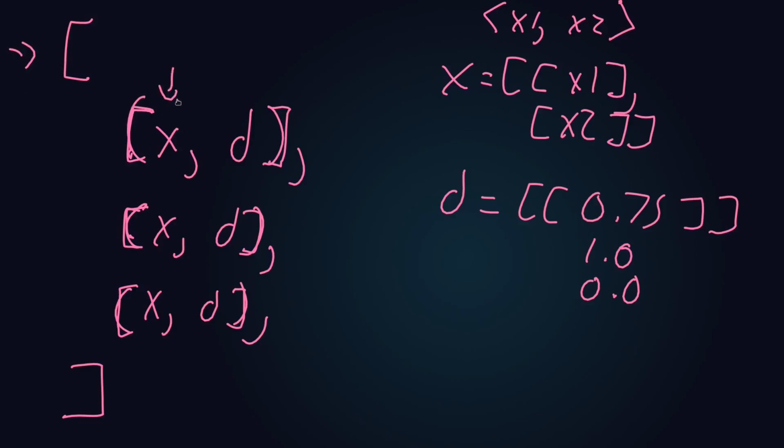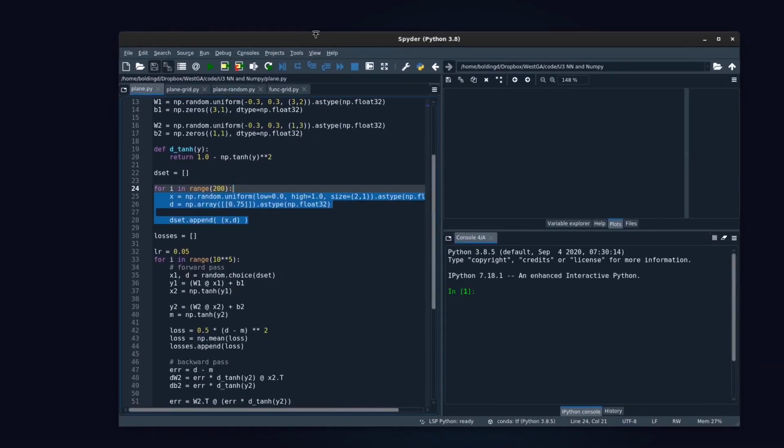A bunch of x's where we interpret these column vectors as points, and then a bunch of outputs that are just a constant value everywhere. All right, so with that said, let's look at the code. Here, I am randomly sampling all over the plane. 200 times, I get an x that is a random point where each component is in the range 0 to 1.